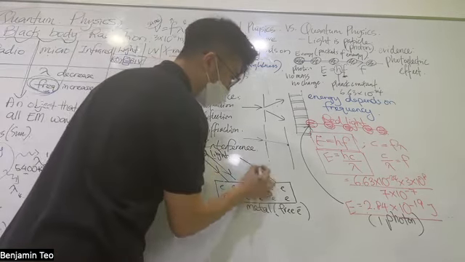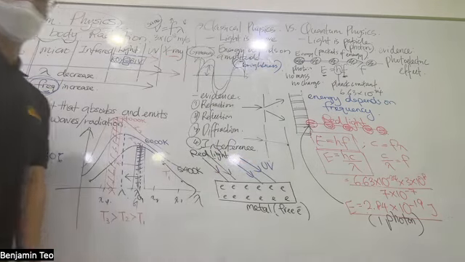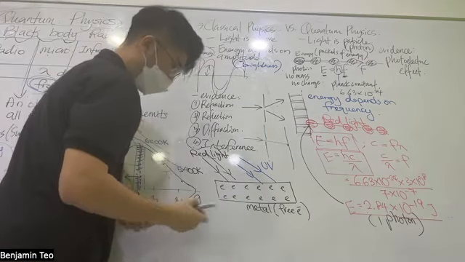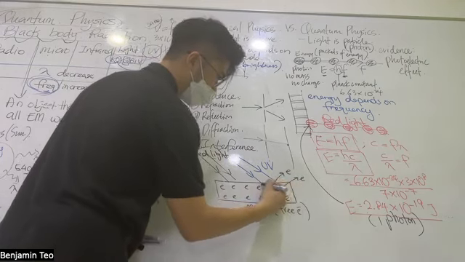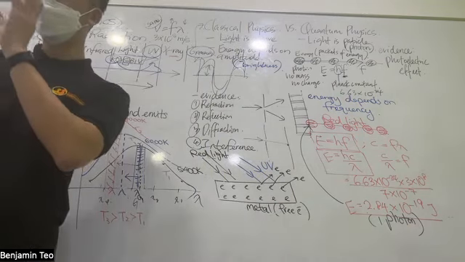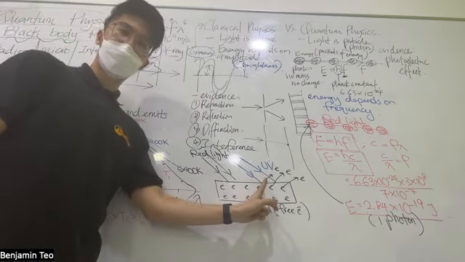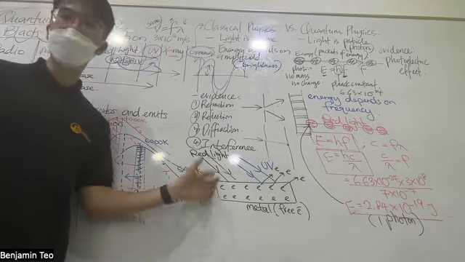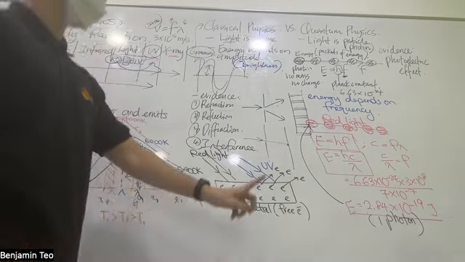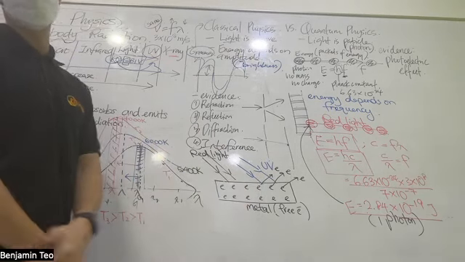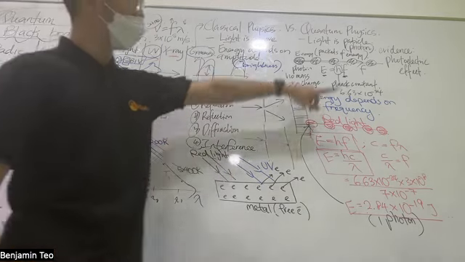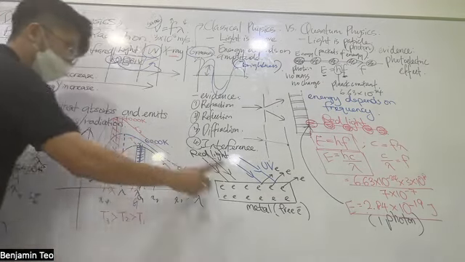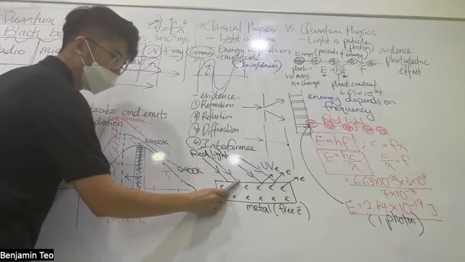They switch this to UV, from red to UV. Then they start to see the electron jump out like this. Then they made a conclusion: when I increase frequency, the electron jumps out, but when I increase brightness, the electron does not, meaning energy depends on frequency. This is your photoelectric effect.